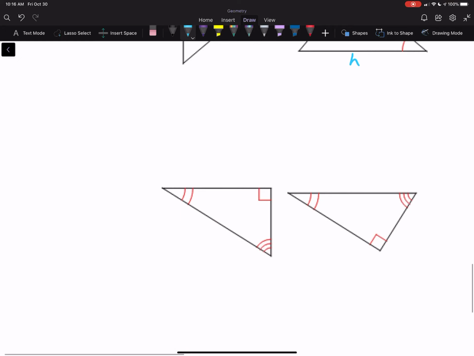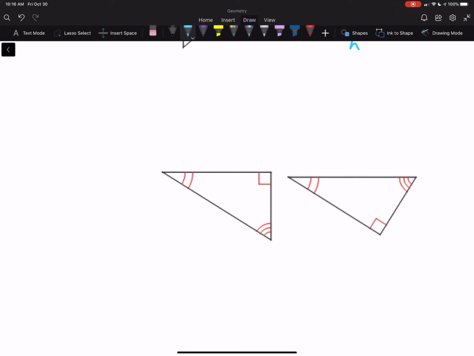Now sometimes you'll be given something like this. Remember what I pointed out is that every one of them has to have some sort of leg or side mentioned, right? This one just has angles. So this one would be not enough info. They could theoretically be congruent, but we don't know because there's nothing to prove that they are.